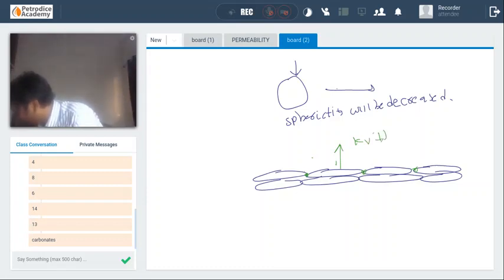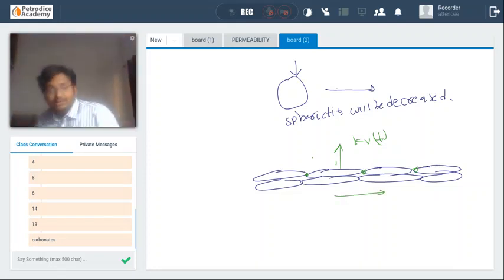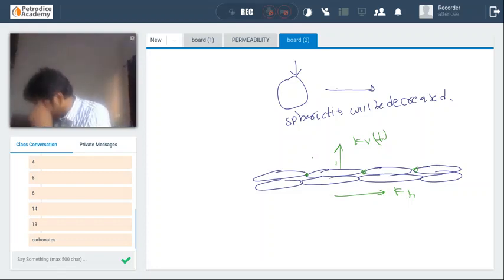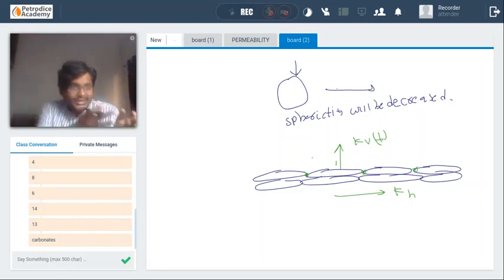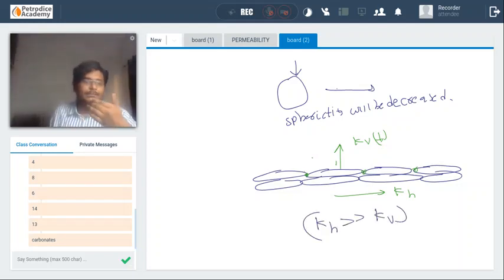The vertical permeability is decreased as the rock grains move from top to bottom, into the formation, whereas the horizontal permeability is not much affected. Due to the decrease in sphericity of the grains, the vertical permeability is decreased, and that is the reason for the majority of rock systems the horizontal permeability is greater than the vertical permeability.